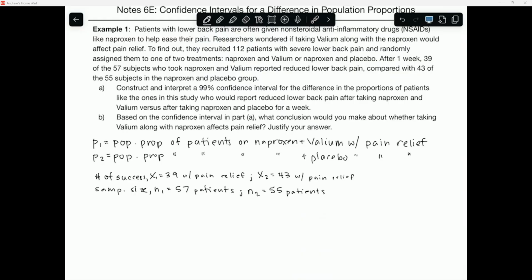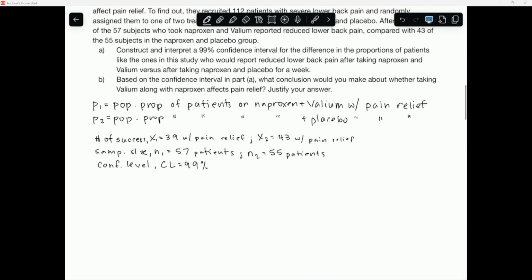The only other number I really need to record here is my confidence level. So my confidence level for this problem is 99%. So that is my state step. Next, I'm going to do the plan step.